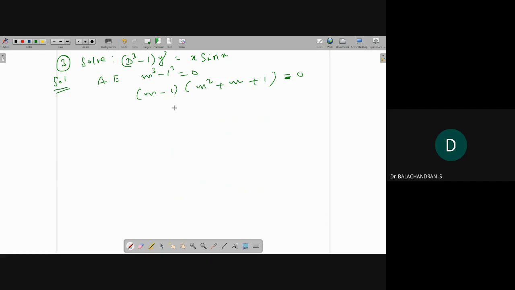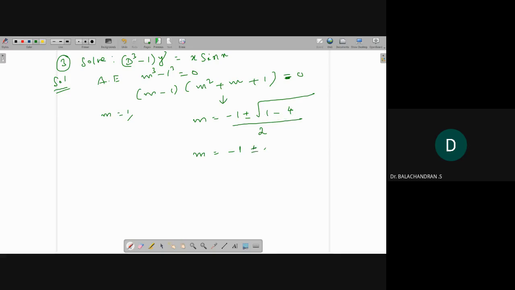So m minus 1 equals 0, this will be m equal to 1, m square plus m plus 1 equal to 0. From this m equal to minus b plus or minus root of b square minus 4ac by 2a. So m equal to minus 1 plus or minus root of minus 3.